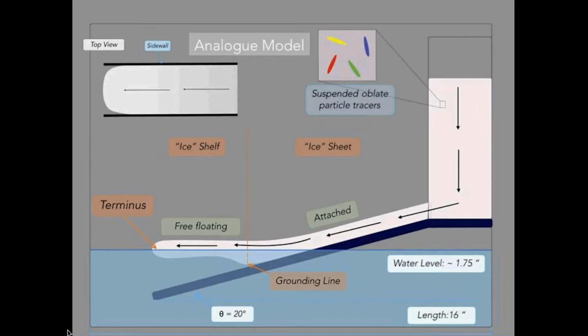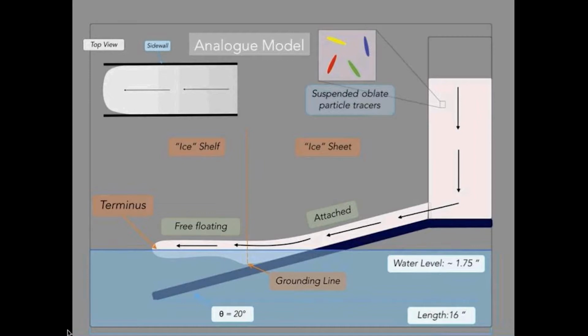You have a fluid flowing down a ramp, and eventually that fluid flows into water, and it'll detach. The point where it detaches is known as the grounding line. You can think of the part that's attached as the ice sheet and the part that's detached as the ice shelf. And you have the terminus, which is just the furthermost edge of the ice shelf.